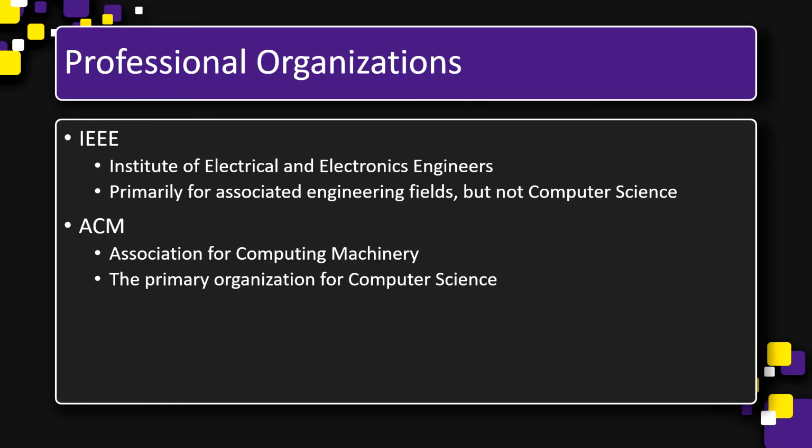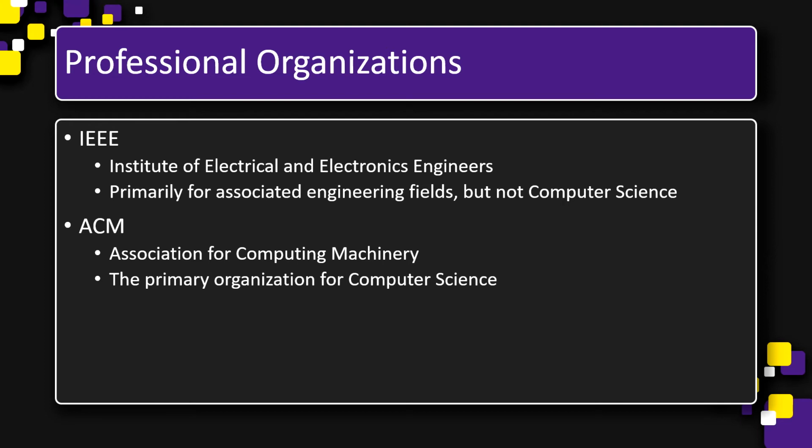So the organizations that you're going to be primarily interested in as computer scientists and software engineers is IEEE, or the Institute of Electrical and Electronics Engineers. This is primarily for associated engineering fields and not for computer scientists or software engineers, but you'll see a lot of research being posted into these groups, and a lot of computer scientists and software engineers will take part in these groups as well.